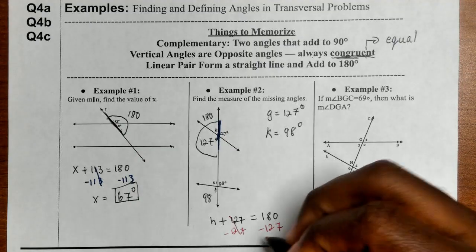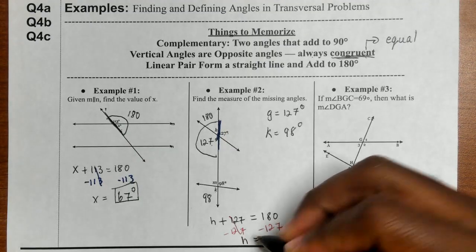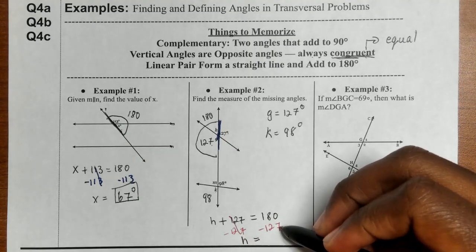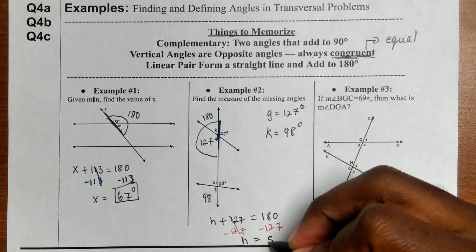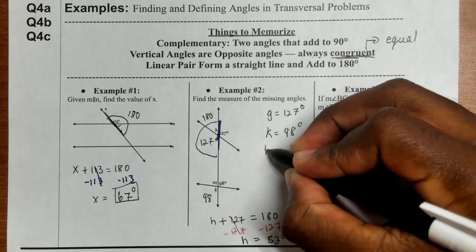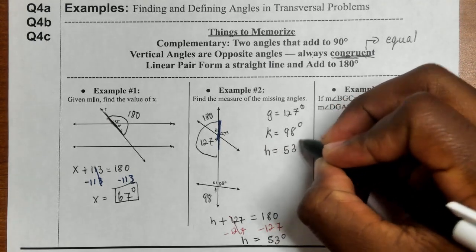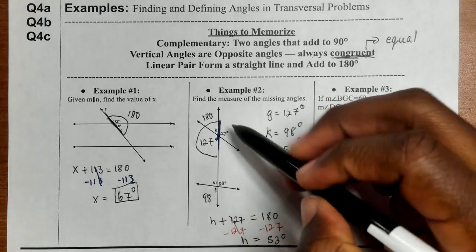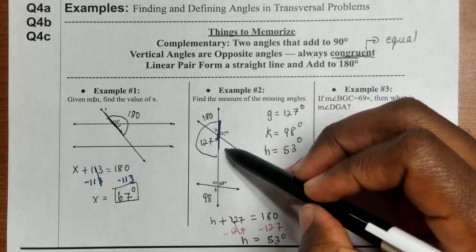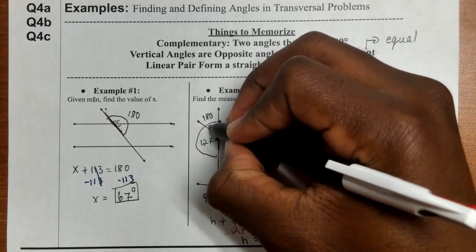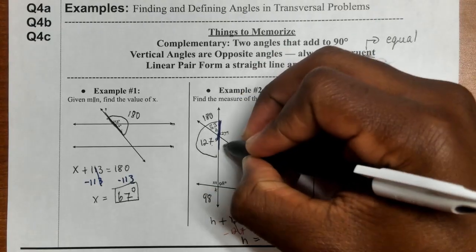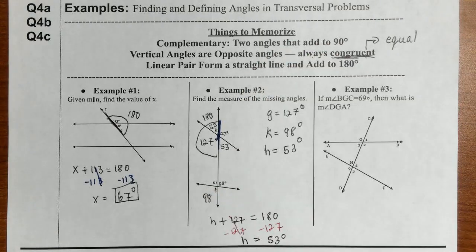So H will be equal to 180 minus 127, which is 53. So H is 53 degrees. And if H is 53, this is also 53, but we don't need that.